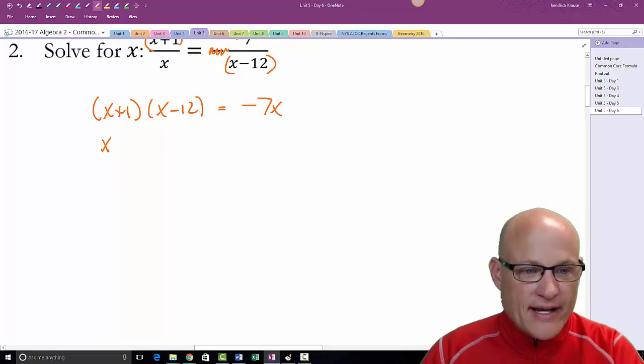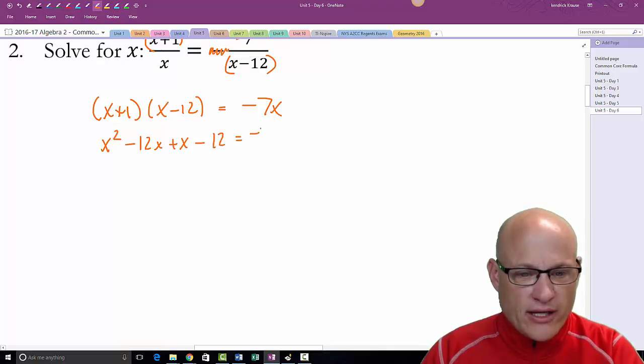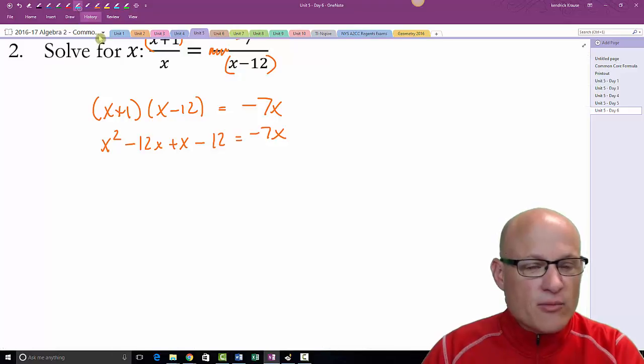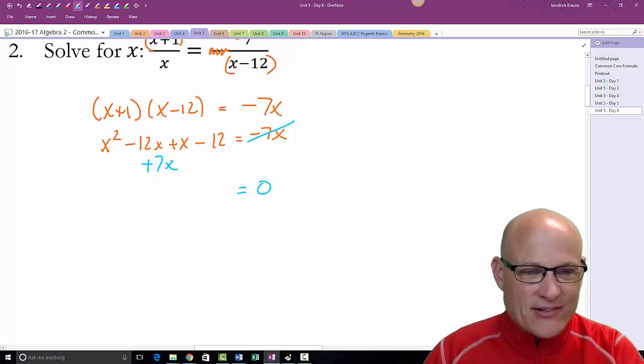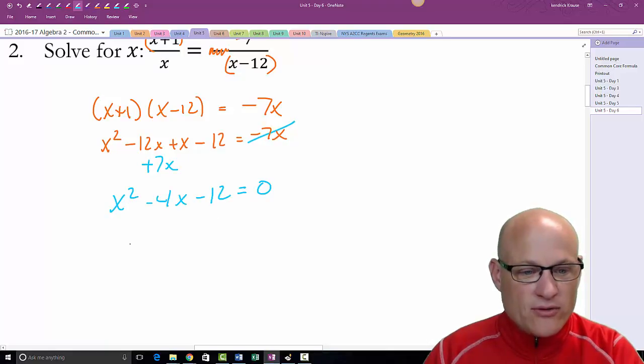Double distribute. I get x squared minus 12x plus x minus 12 equals negative 7x. We're going to bring this 7x over by adding 7x. So on this side, we're just going to end up with 0. That's 8x. Negative 12x and 8x is negative 4x. So negative 4x minus 12.